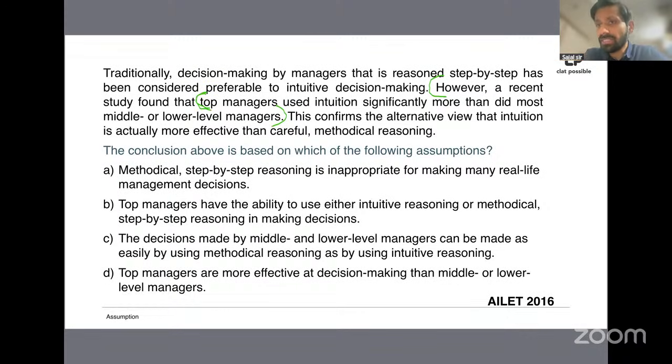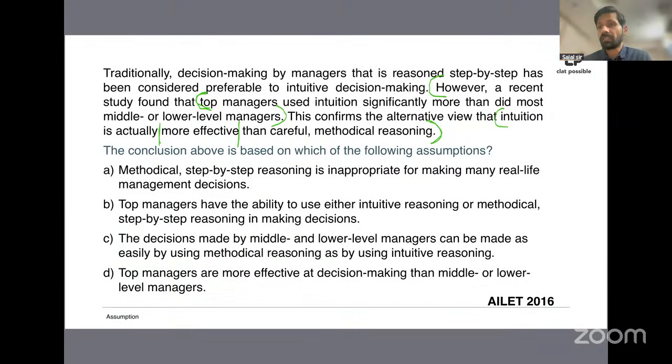Now, from this fact, the conclusion drawn is intuition is actually more effective than careful methodical reasoning. Since top managers use intuition more, intuition is actually more effective than careful methodical reasoning, right? So, what new piece of information I was talking about comes something like this. If you look at this part, it is more effective.